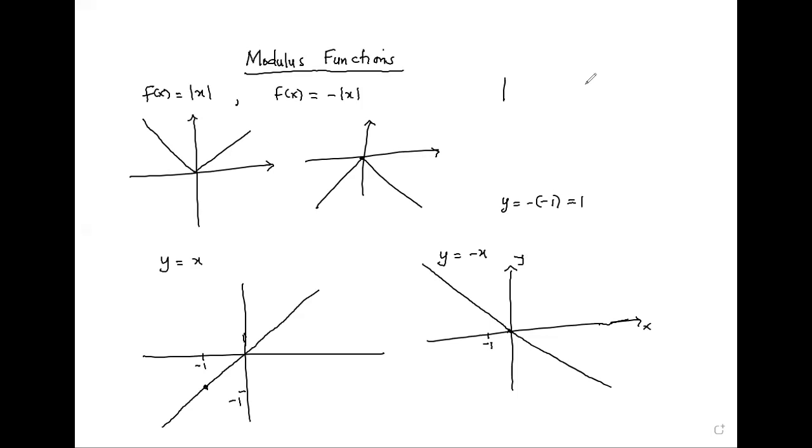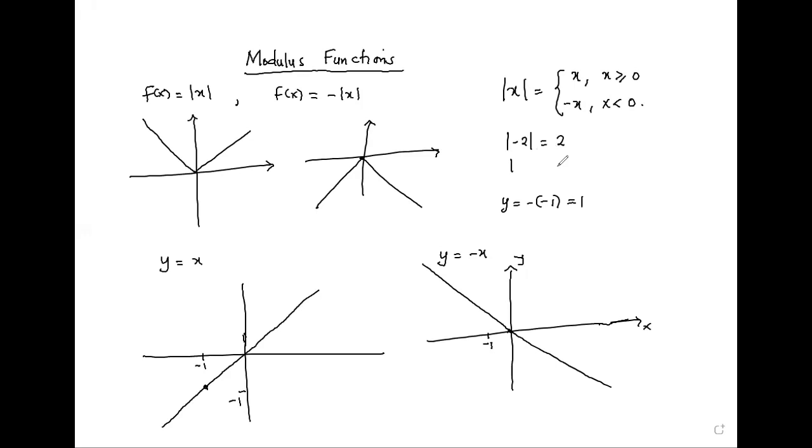Because we define this as x if x is greater than or equal to 0, and as -x if x is less than 0. That's the definition of the modulus of x. The idea of the modulus is to make a number positive. So if I take -2, I'll get the number +2.